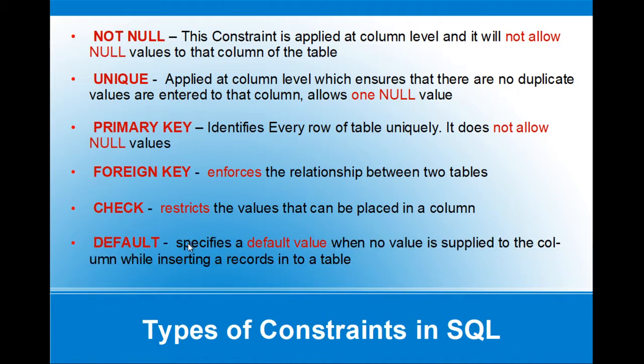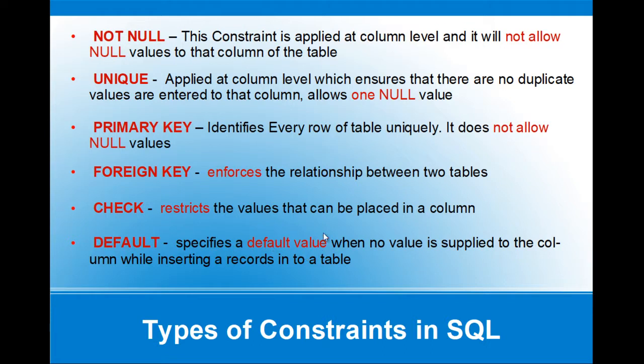The next one is default. The default constraint will specify a default value when there is no value provided to that particular column. If you are not mentioning anything, it will give the default value. For example, for a record created date, if they are not mentioning any specific date, we can say GETDATE is the default. Even if you are not providing that value, it will stamp it as GETDATE.